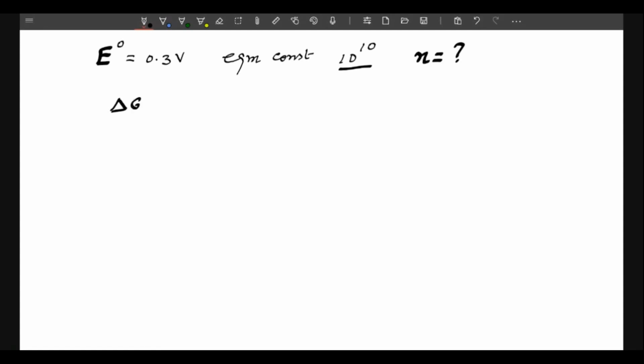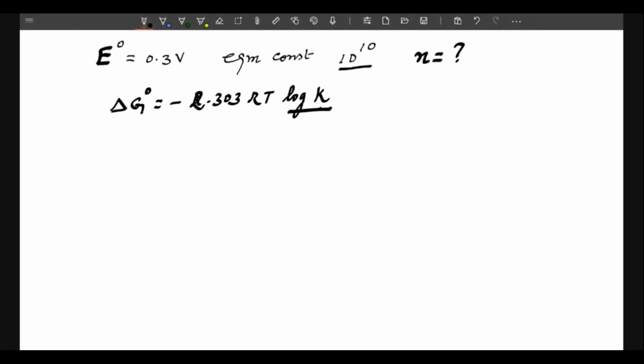The equilibrium constant is given by the equation delta G naught is equal to minus 2.303 RT log K. The equilibrium constant is given at standard condition. The K value is not an extensive property that keeps changing, and here you should calculate the equilibrium constant in a standard condition.